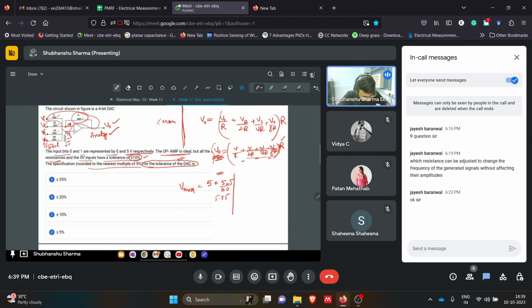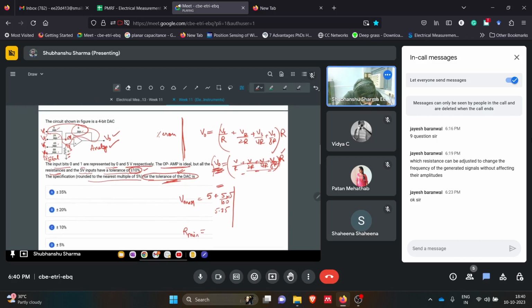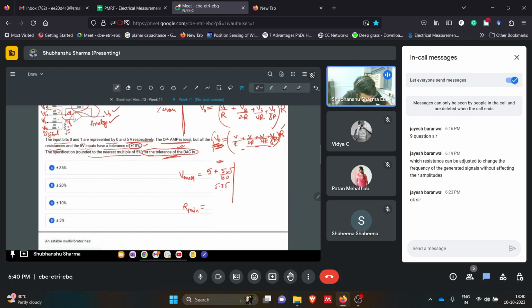That's how we will be calculating the tolerance of the overall DAC. So R minimum will be R minus R by 100 into, oh, they have 10% tolerance, sorry. So this is 5.5.